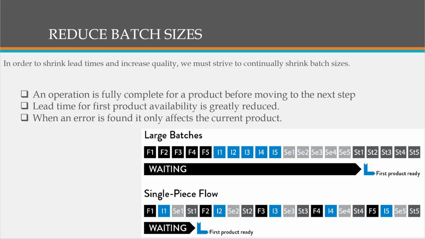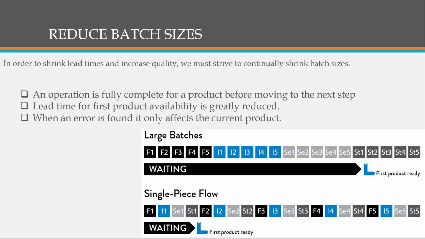Another way that we can improve lead time and flow is by reducing batch sizes. Now, in technology work, batch sizes can often refer to code, and by reducing the amount of work from a large project to smaller, more manageable projects, we can work on these pieces and get them done completely before we move on to the next one.